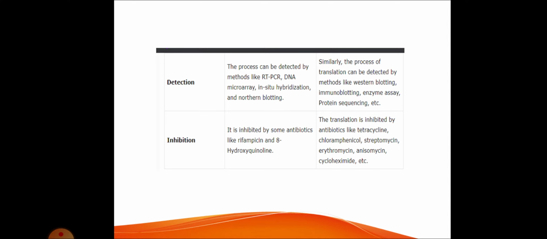In translation, similarly, the process can be detected by methods like Western blotting, immunoblotting, enzyme assay, protein sequencing, etc. And in inhibition, transcription is inhibited by some antibiotics like rifampicin and 8-hydroxyquinoline. And translation is inhibited by antibiotics like tetracycline, chloramphenicol, streptomycin, erythromycin, anisomycin, cycloheximide, etc.